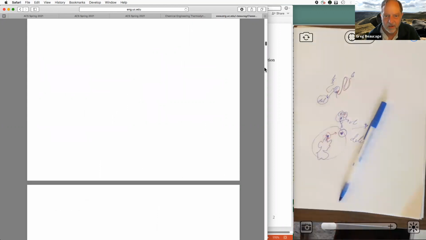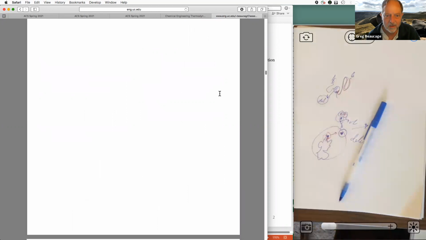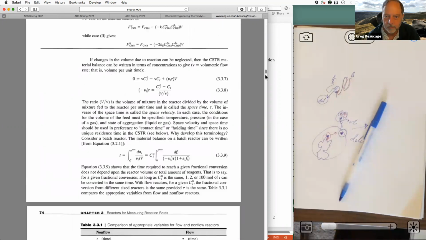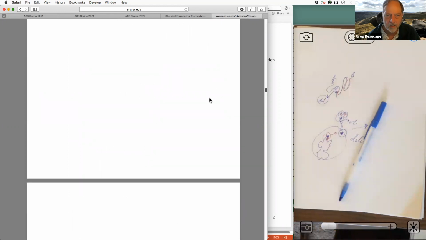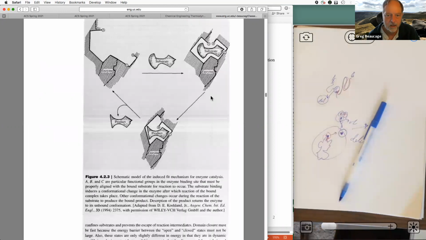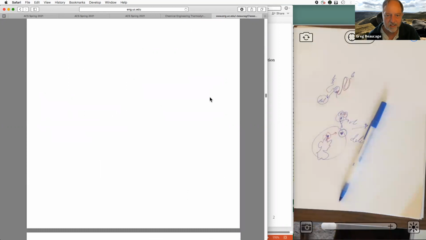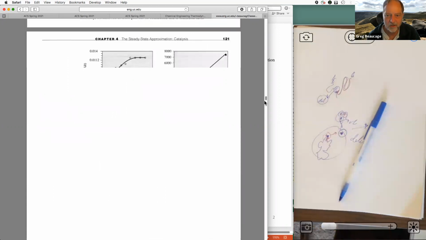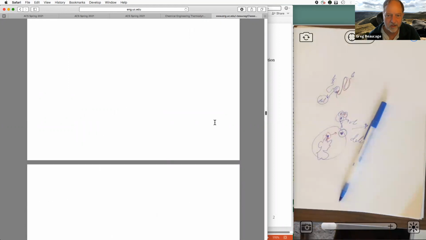So it's worth glancing at for the future. You'll go through this in one of the classes, reaction engineering. It's worth glancing at this stuff because it's actually more interesting, I think, because it's really closer to what governs the reactors and things that you're dealing with.